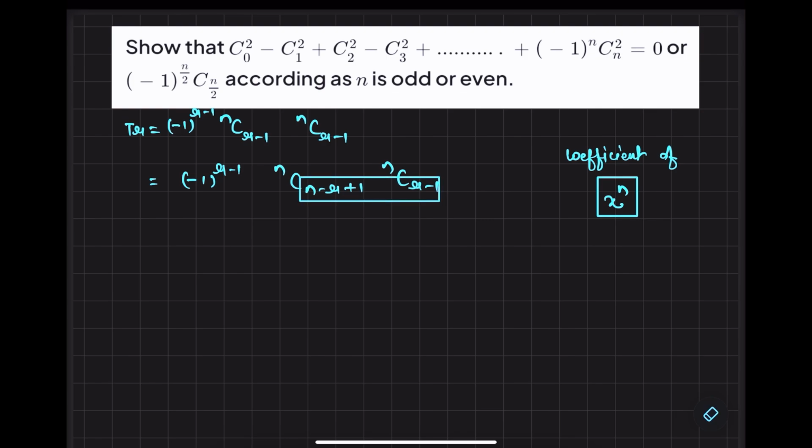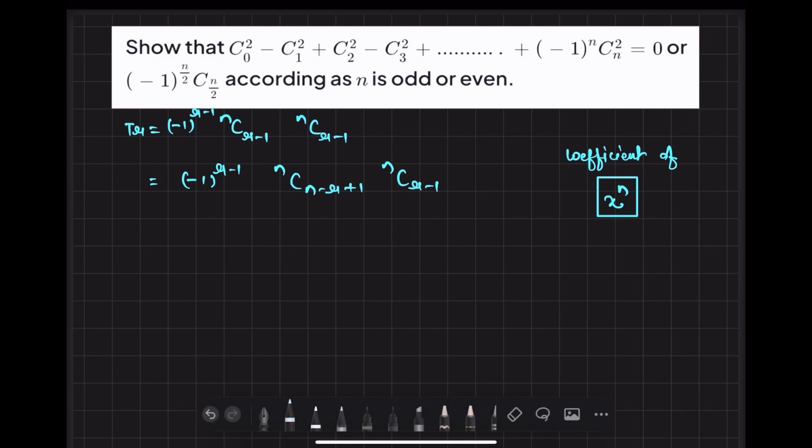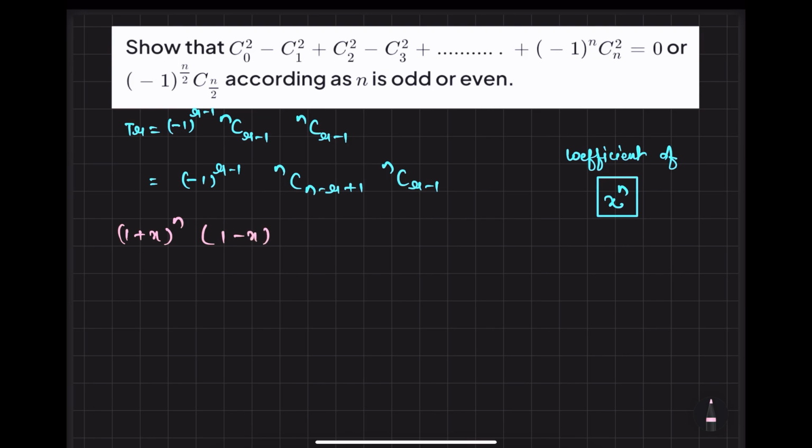So we are interested in finding the coefficient of x power n in the expansion of, look at this, both have upper subscript n only. So can I say that the thing is (1 plus x) power n, and again this time we will have minus, so (1 minus x) power n. Why? Try to understand this.